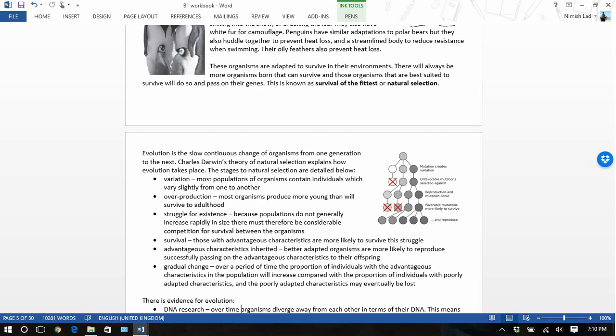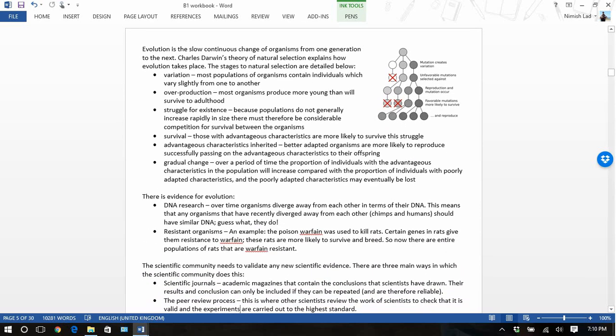They would therefore fall off and die, and if there was competition for food, they would be less likely to get it, compared to a monkey that had four fingers and a thumb. The monkey that had four fingers and a thumb would be more likely to survive, therefore more likely to reproduce and pass on that advantageous characteristic, and therefore it would be inherited, and gradually over time all the monkeys would end up with four fingers and a thumb.